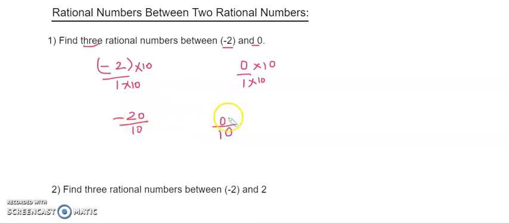So from -20 to 0, there are so many numbers, right? So many integers. So we can find three fractions. So any three fractions from 0 to -20, you can take any of them as the answer.